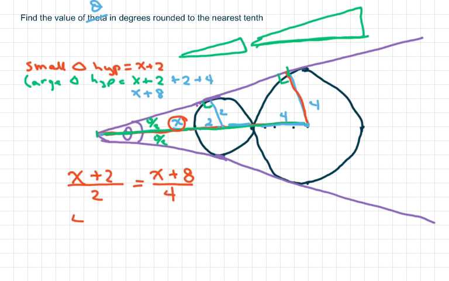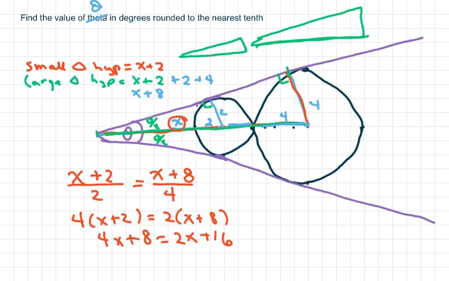And then cross multiply. So we get 4x plus 8 equals 2x plus 16. And we're going to subtract. So we get 2x equals 8.